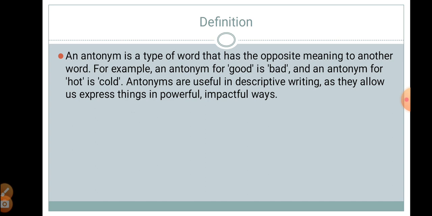And an antonym for hot is cold. Antonyms are useful in descriptive writing, as they allow us to express things in powerful, impactful ways. So looking at antonyms, we can say that they are words that are opposite.